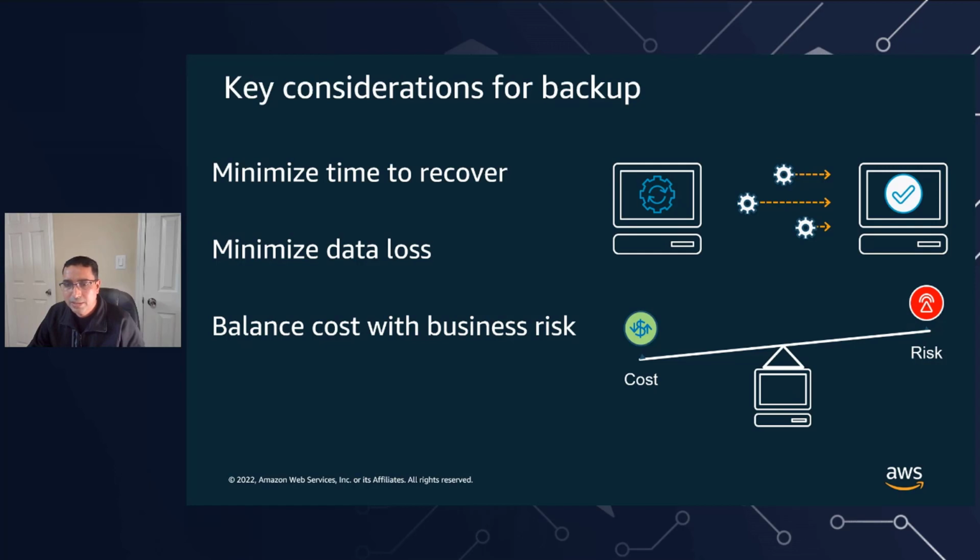The next key goal is to minimize the amount of data that is lost, right? And all of this has to be done while balancing the cost aspects. So you need to do data protection backup with the lowest business risk. So the overall RPO, RTO, and SLAs will define the business risk for you.